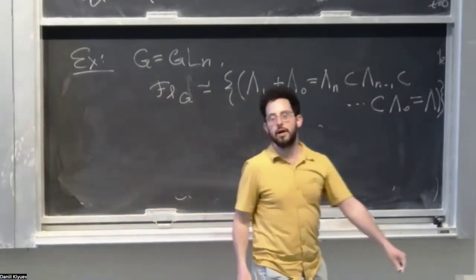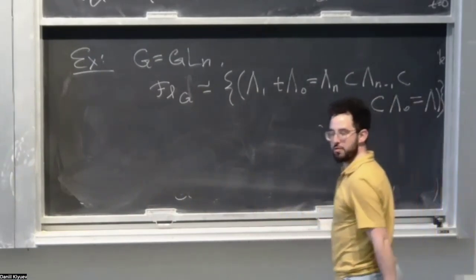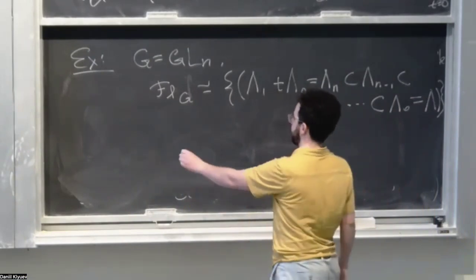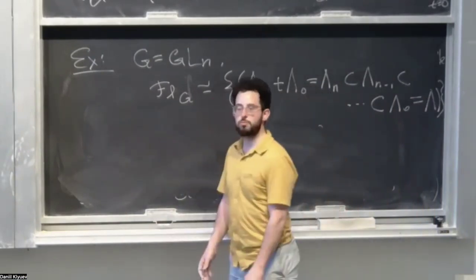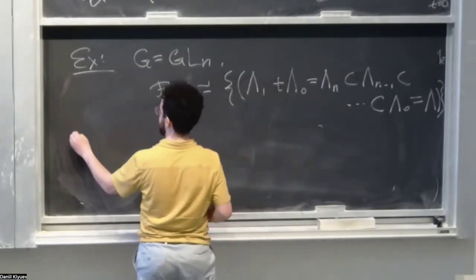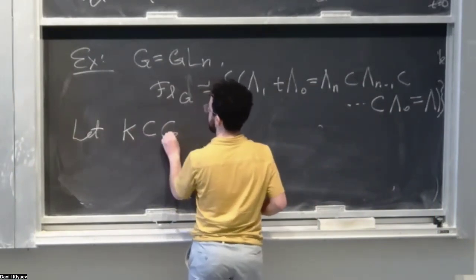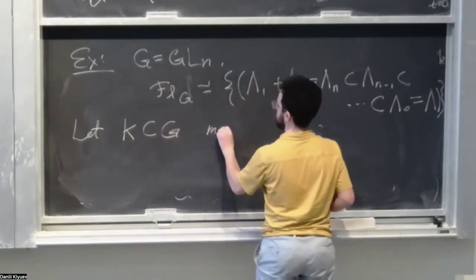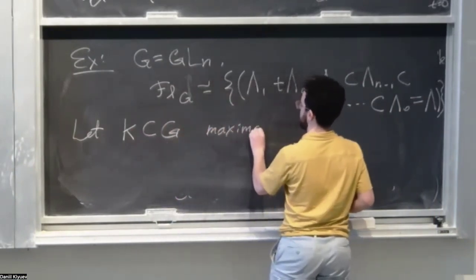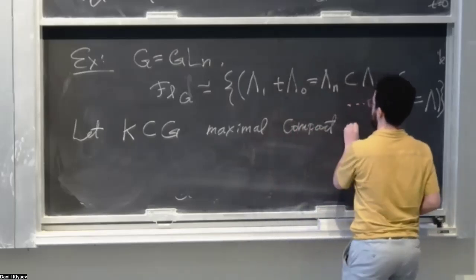Okay. I said that the Affine Grassmannian is, topologically, a geometric analog of the loop group. Let me give a precise statement that I will not prove or use. Let K in G be a maximal compact subgroup.